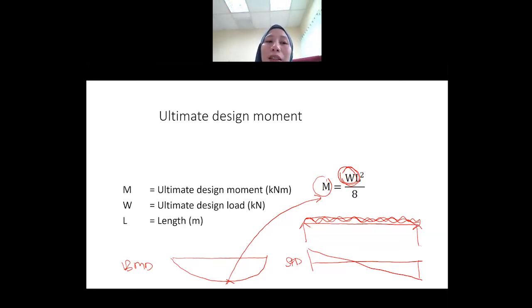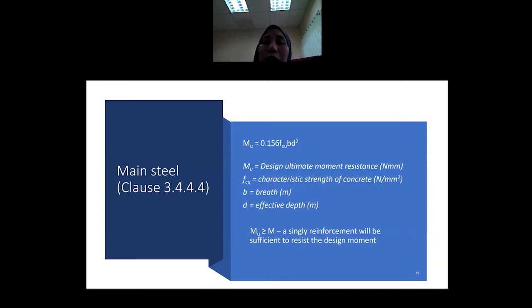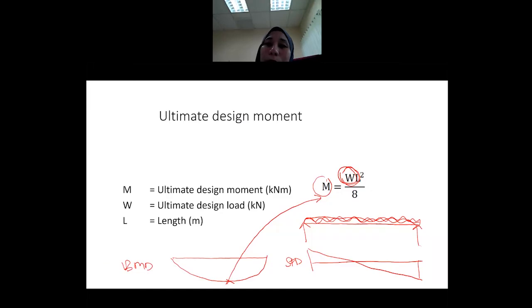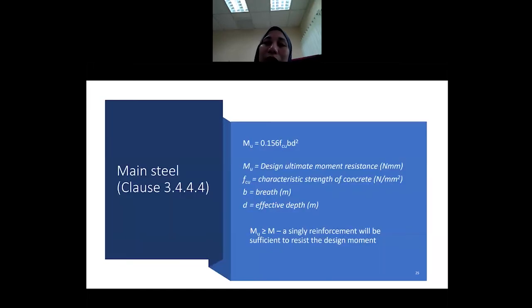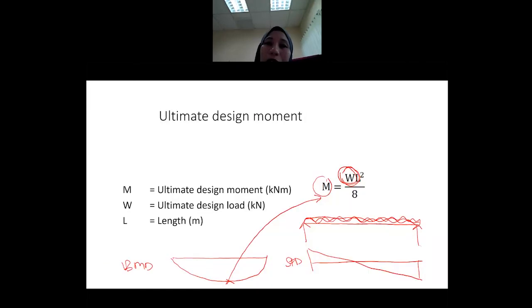Okay, so I rasa I ada share dengan you my slide, so you boleh tengok slide tu lah for explain slide yang ni lah yang pakai, so you boleh tengok kat situ. So and also here we have the value for mild steel. Okay, sorry, bukan mild steel, so ultimate design moment, mild steel pun masih lagi this one ultimate design.